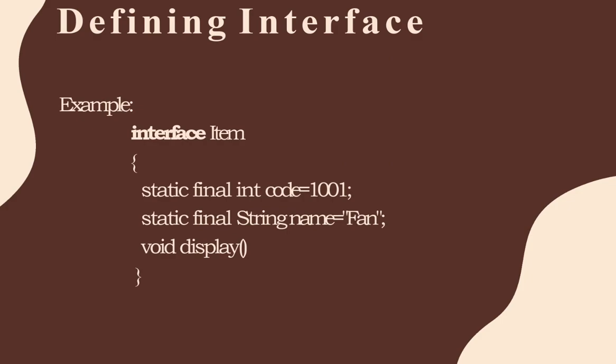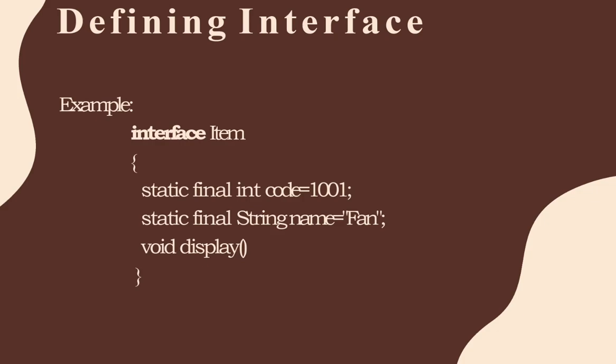Moving on, now let us see an example in the same manner. As I've said earlier, the first statement has the keyword interface, followed by the interface name, which is Item over here. Now the curly bracket contains the content of the interface, the interface body. You have a variable declared here, static final int code equal to 1001.